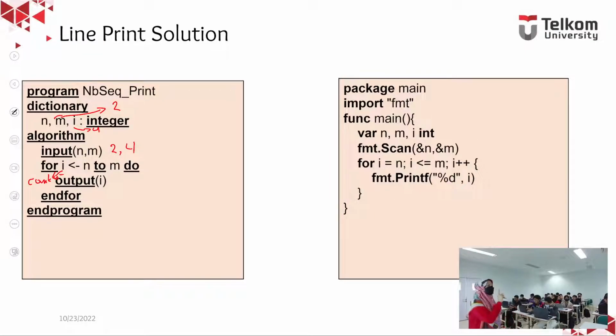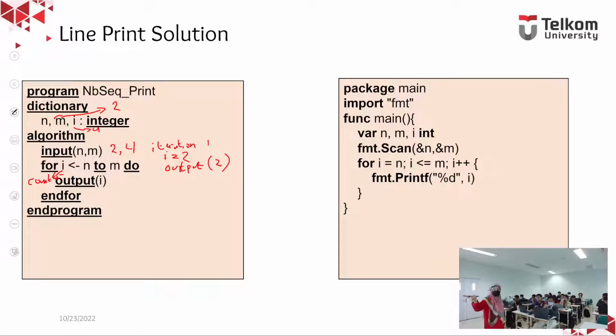What is the initial value of i? Okay, iteration 1, i is 2, right? And what will the program execute is like this, right?